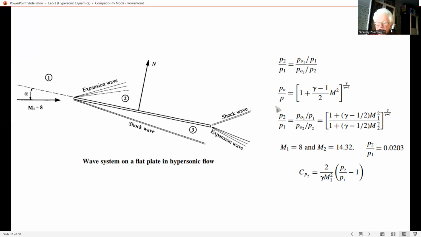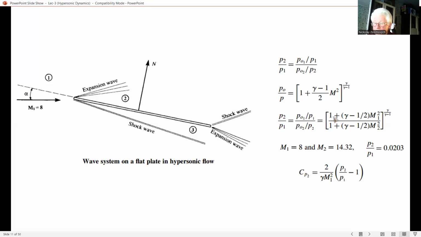So we may rewrite it as a bit complicated expression, but generally it's simple. P2 over P1 will be proportional to p0,1 over P1 over p0,2 over P2. So we have this expression here in brackets.